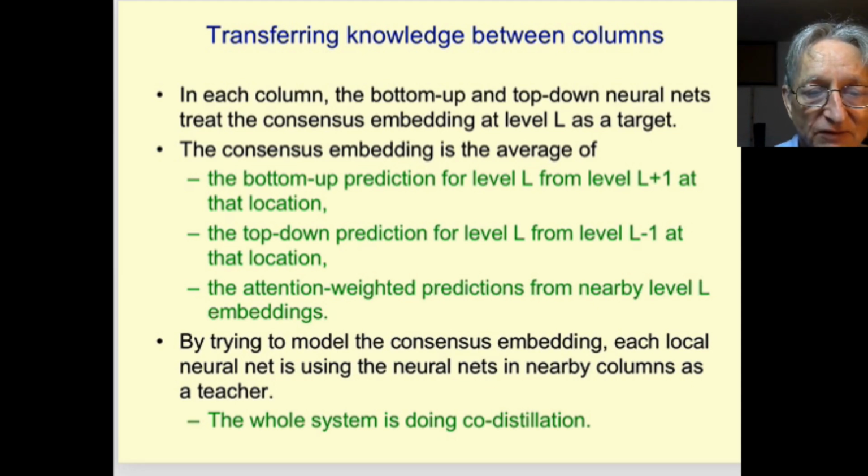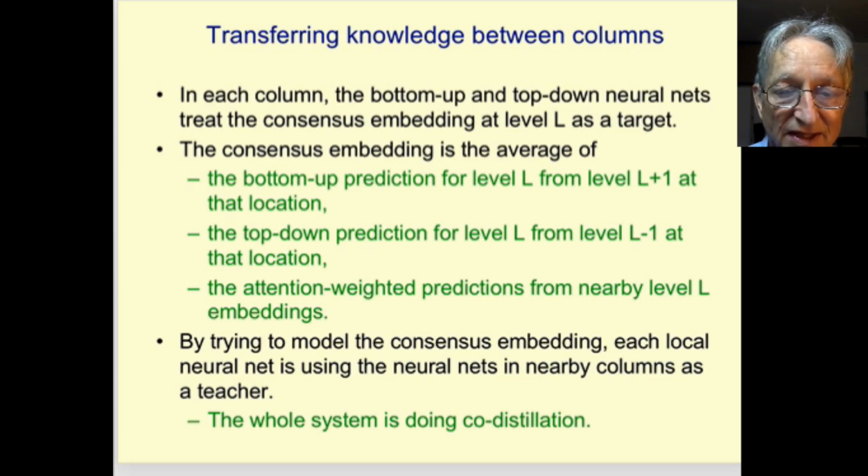So if we're at the object level and there's a nearby location that's part of the same face, it will have an opinion about what the face vector should be like. And if that opinion is similar to our opinion, because it's the same face in a nearby location, it'll provide additional training signal for the bottom-up neural net and the top-down neural net, particularly for the bottom-up neural net that predicts the face from a part of the face.